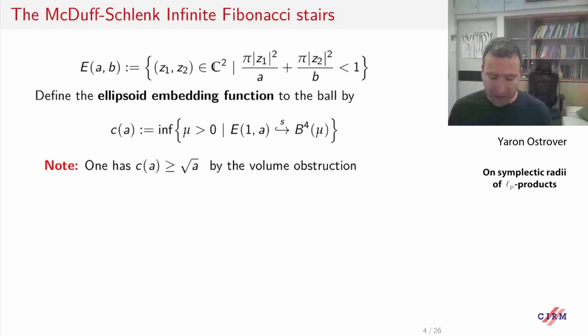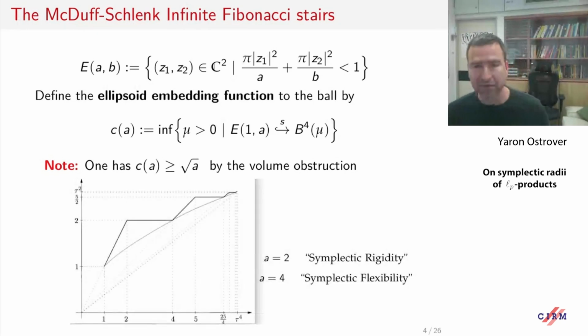And McDuff and Schlenk managed to compute this function. Now, I'm not going to be very precise. I'm just going to show you the following picture. So when A is very large, essentially there is only the volume obstruction. So there is what we call a symplectic flexibility. There are no other obstructions to this embedding.